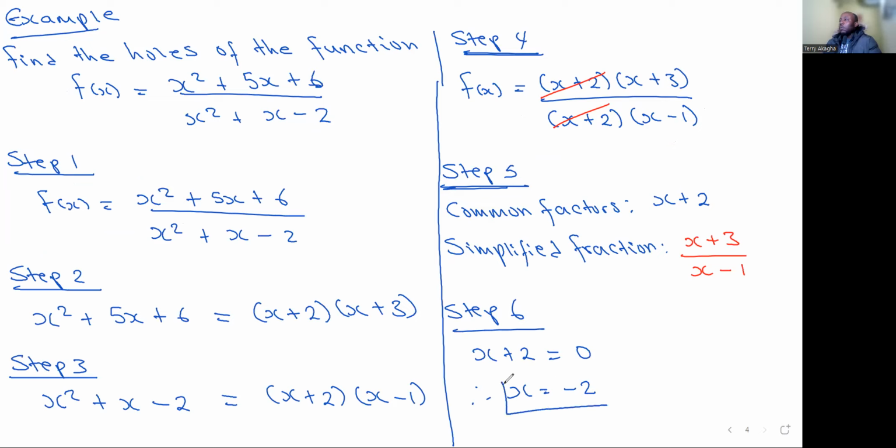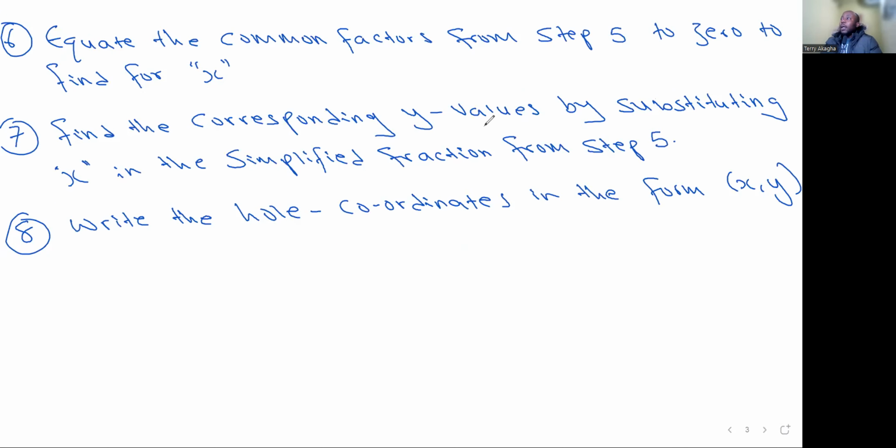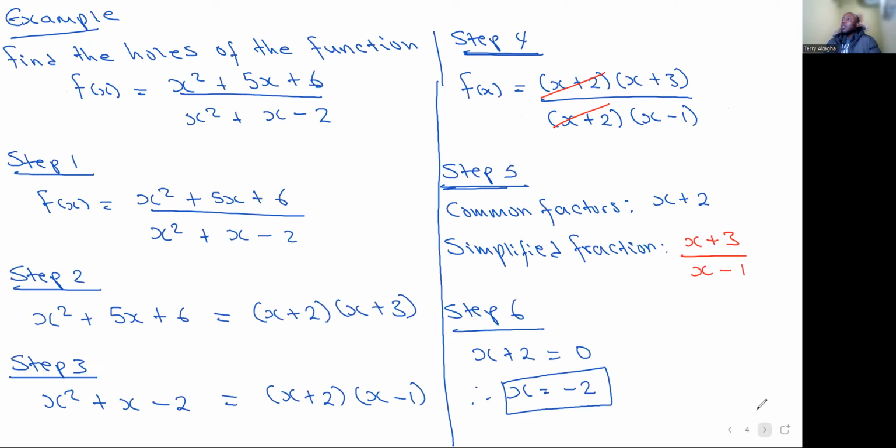Good. Now let's go to step 7. For step 7, we're told to find the corresponding value for y by substituting x into the simplified fraction from step 5. The simplified fraction was x plus 3 divided by x minus 1, so y is equal to x plus 3 over x minus 1.